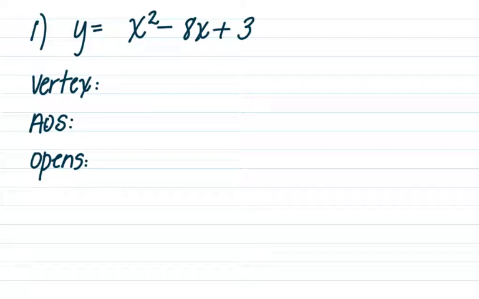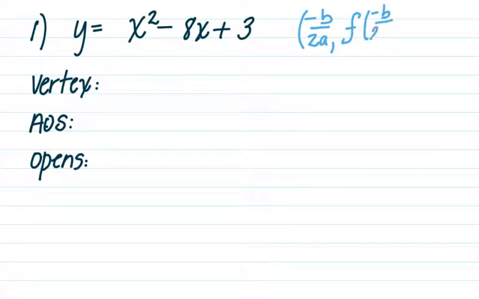So remember that our formula is x is equal to negative b over 2a, and then our y is f of negative b over 2a, which again, that's just really fancy notation for plugging your x in to find y. So in our parabola, our a is an understood 1, and our b is a negative 8.